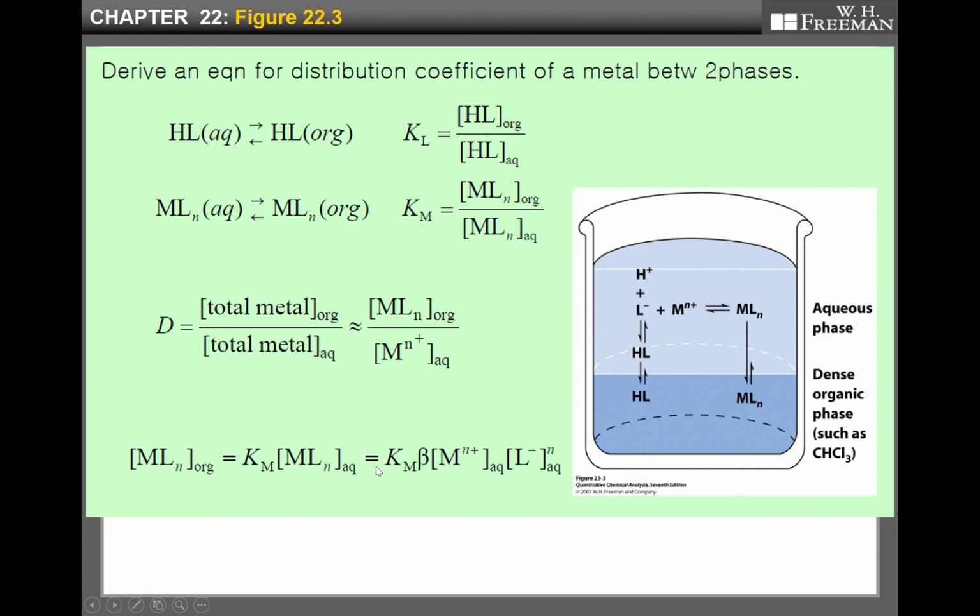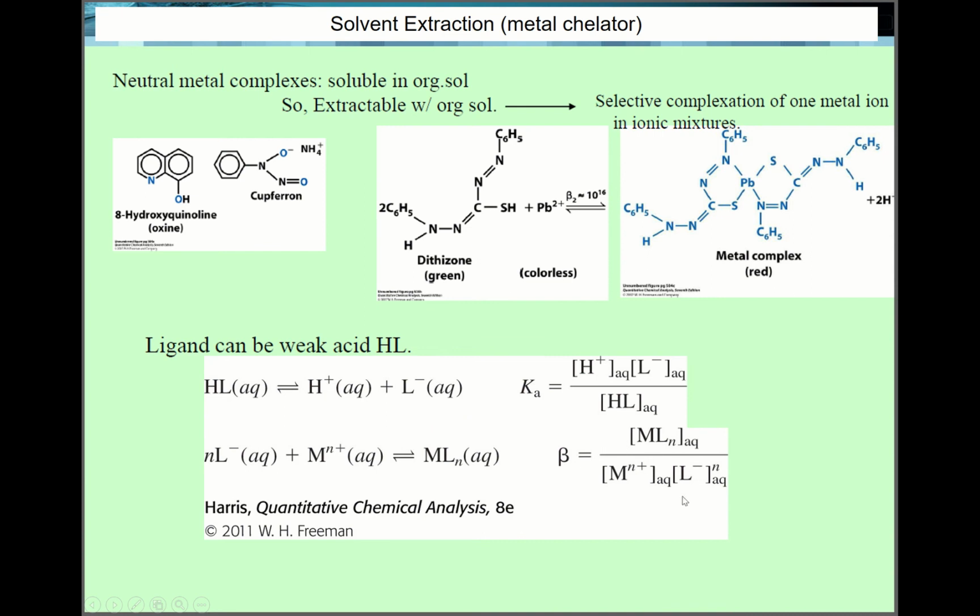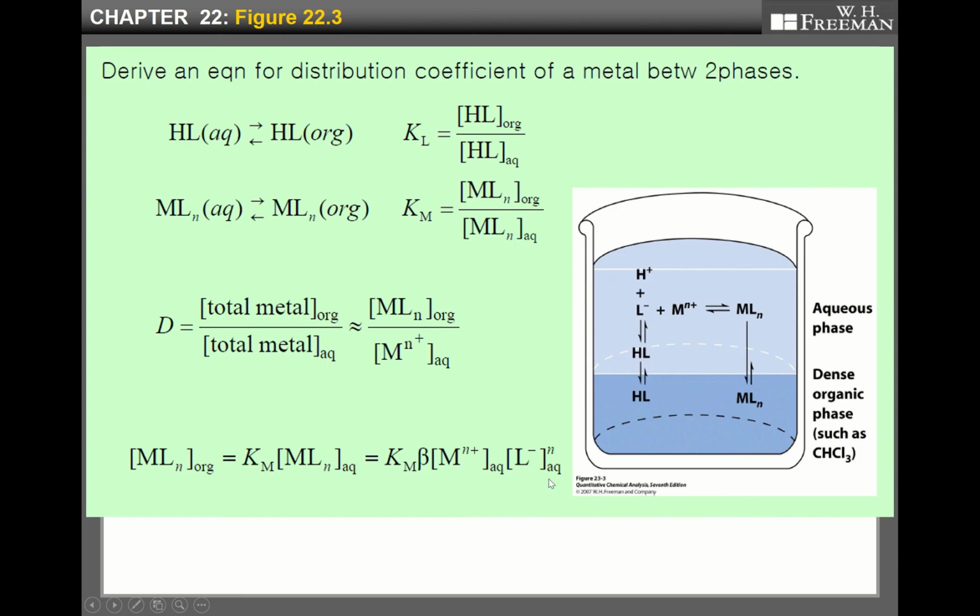This is given by this equation, Km, and here we already wrote Km, beta, the metal ion concentration in the aqueous phase, and the ligand concentration to the nth power in the aqueous phase, right?